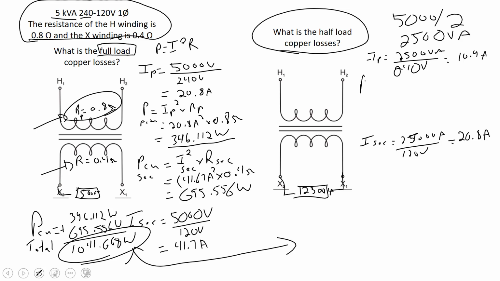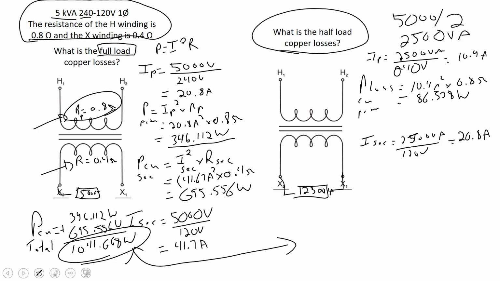So the losses on the primary due to the copper, Cu loss primary, will be equal to 10.4 amps squared times our resistance of 0.8 ohms. And that will come to approximately 86.528 watts.